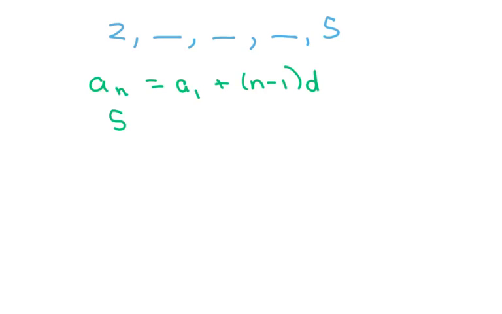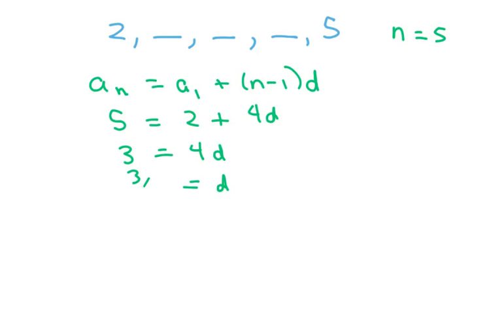So we have 5 equals 2 plus we have 5 terms. So that's going to be 4d. You subtract 2 from both sides and you get 4d. So d equals 3/4 or 0.75 equals d.